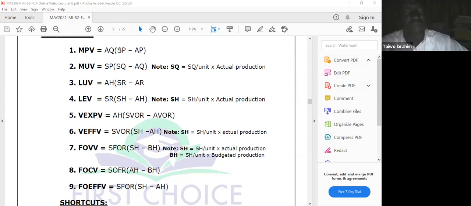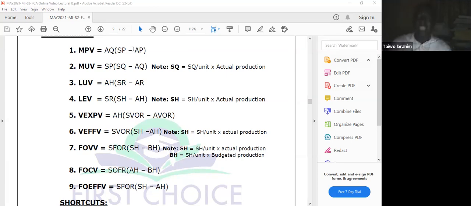That's the difference between the standard price and the actual price. That difference is 2 minus 3, which is 1, times the actual quantity of the material purchased. If they purchased 1,000 kg, it will be 1,000 actual quantity times the 1 naira difference in the prices.